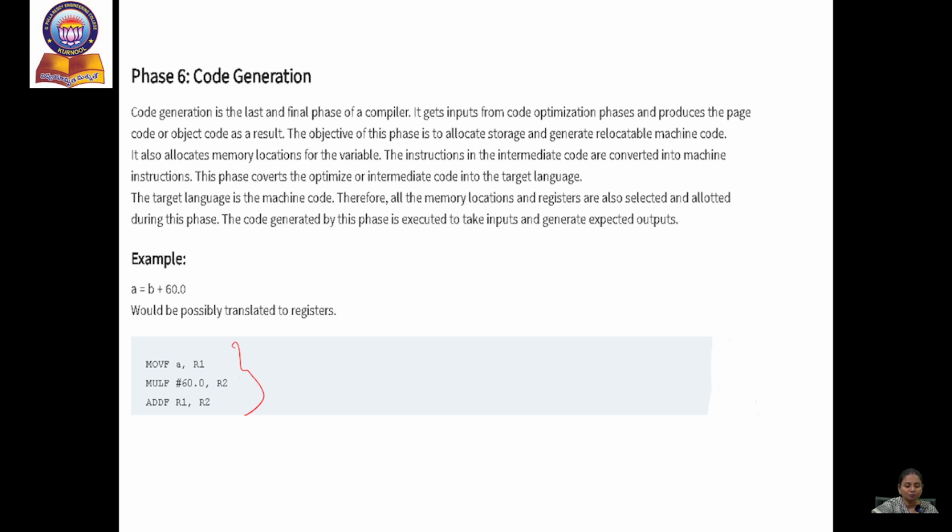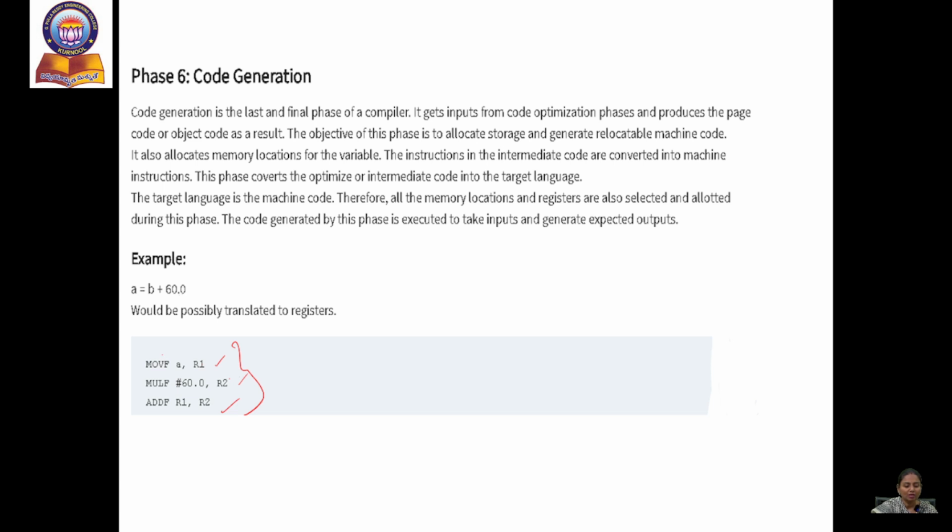So for this statement we have the statements written in machine level language. Now a is there, so to store a, one register is needed, so we have written move a comma R1. Next we have one constant value, and it needs some storage, so we have taken 60 in register R2, and then we are going to add it.